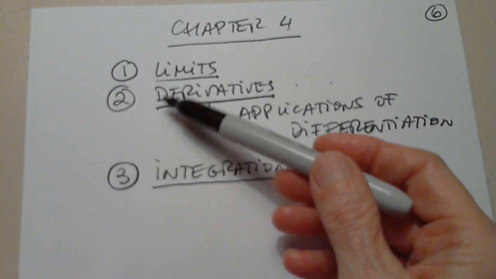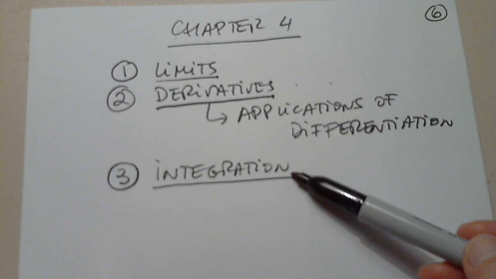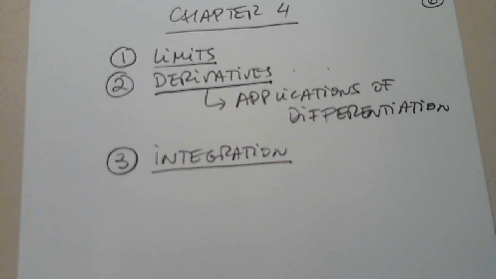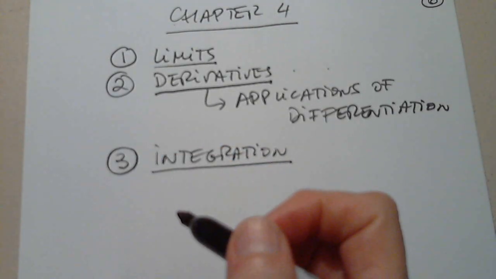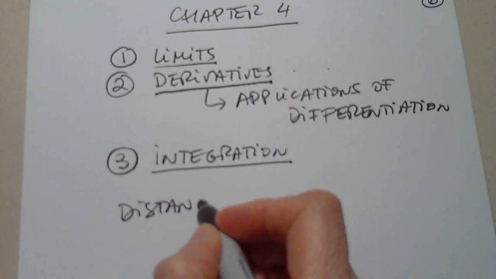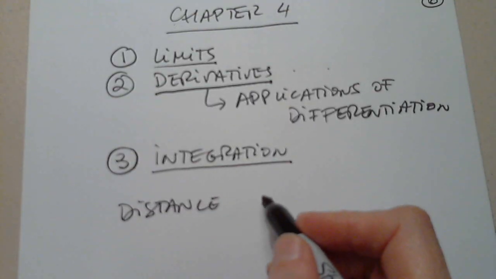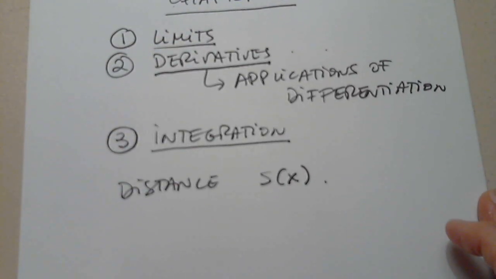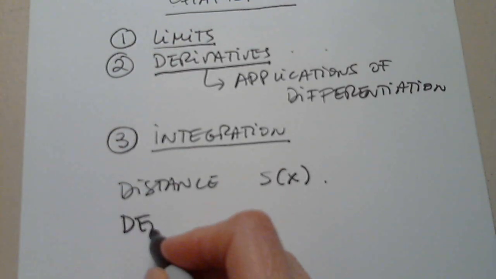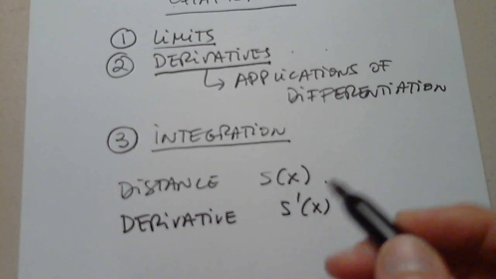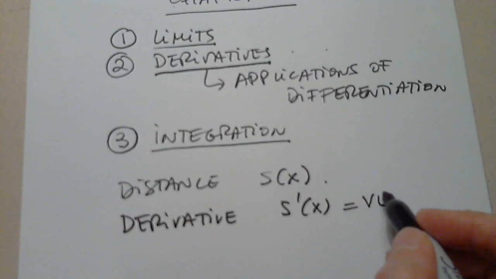So now we reached the third level of integration. I will explain what this means, but first I need to explain other things. Number one. Let's suppose we have the distance function. I'm going to say the distance s of x. I have this function. When I find the derivative of the distance function, I find velocity.